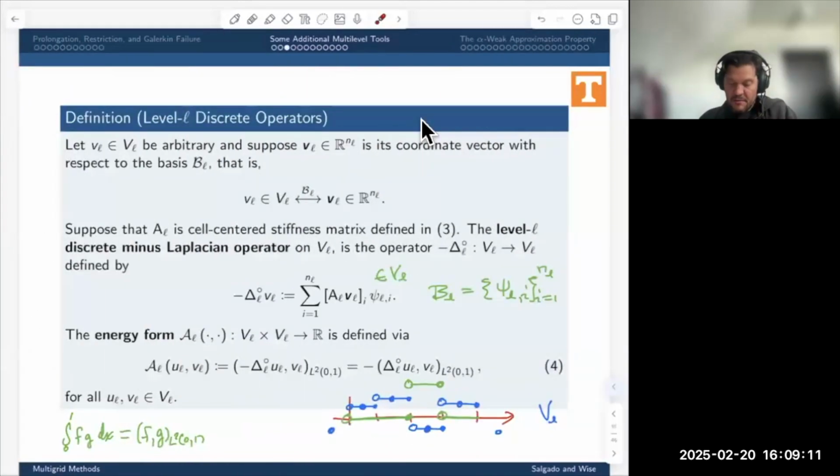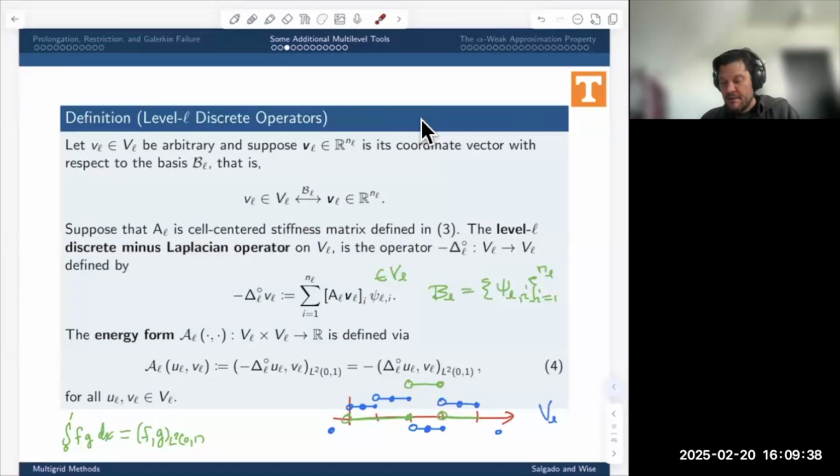Last time we defined what we called the level L discrete minus Laplacian operator. And we said, suppose I have a piecewise constant function, then I'm going to define this operator on piecewise constant functions as follows. If I want to apply this to a piecewise constant function, I take the coordinates of that piecewise constant function, which are called VL.